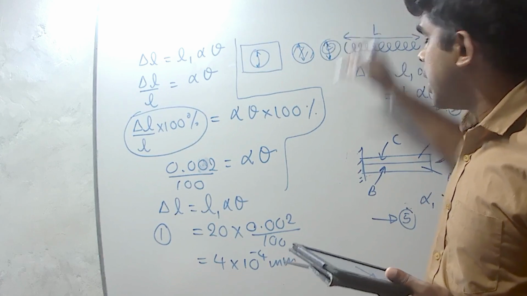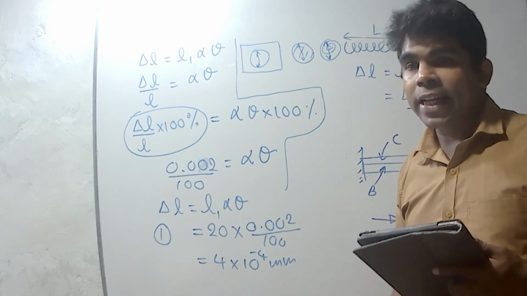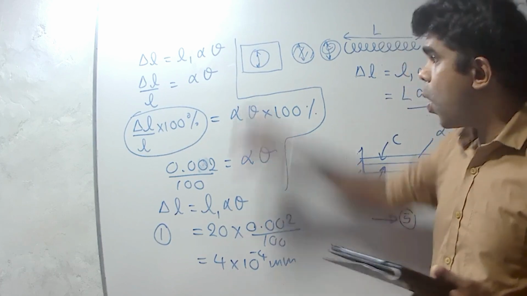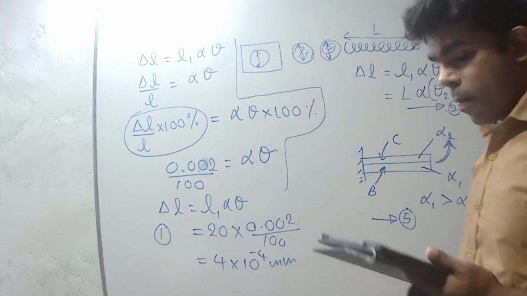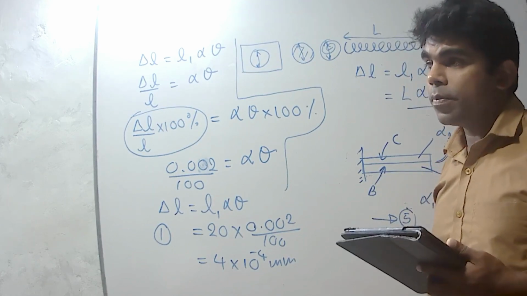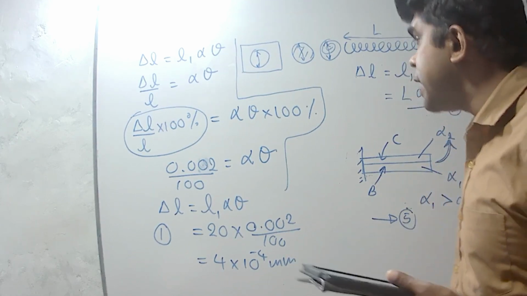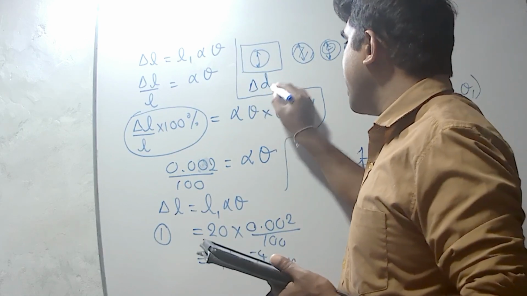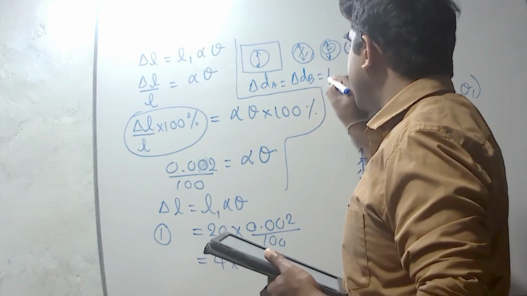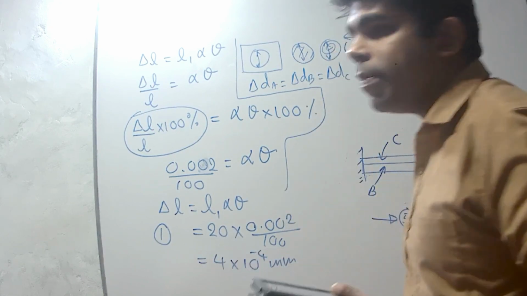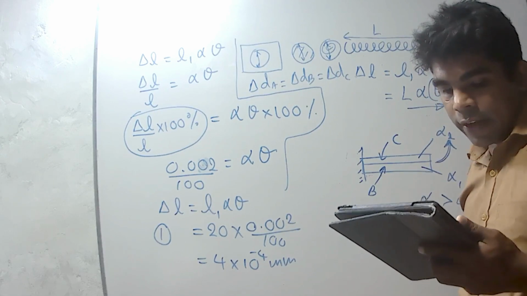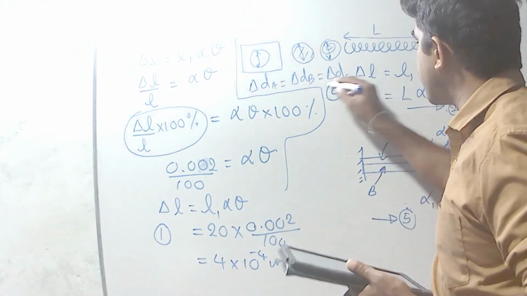Therefore, we can consider that the initial length of all three items is the same. Therefore, the increase delta dA should be equal to delta dB and delta dC. There is the same increase of diameter. Then we can get that the fourth one is the correct answer.